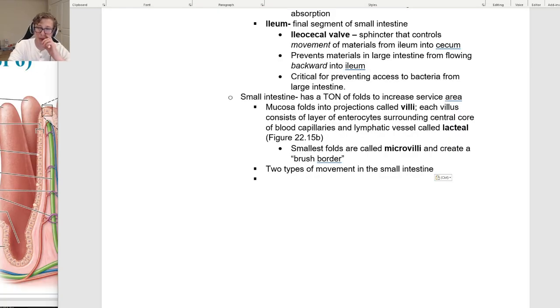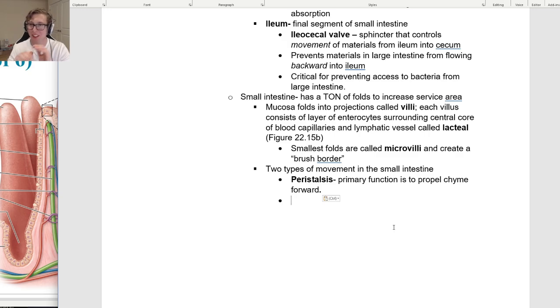Now, compared to other things where we talked about peristalsis, which was the movement of food down through the GI system, the small intestine has that. It has that peristalsis. It's propelling the chyme forward through the small intestine. You had that happening in your esophagus. You had that happening in your stomach.